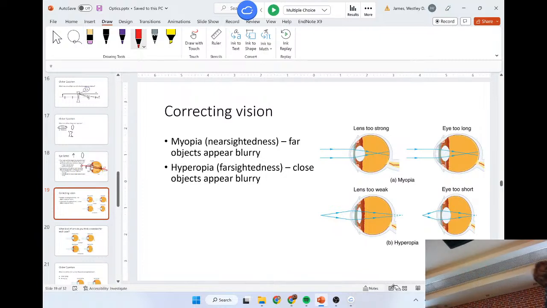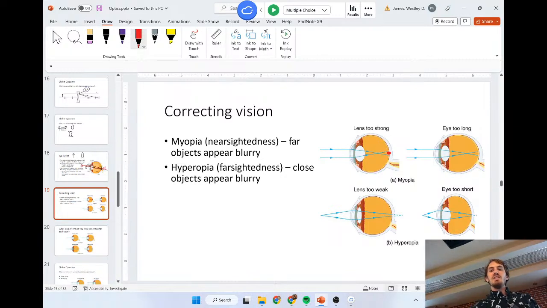If your lens is too strong, it's converging those rays too strongly before it should. They should be converging back here, but they're converging up here, and that's bad. Or if your eyeball is too long, literally too long, it thinks that the sensors are here, but in reality they're back here, and it's not adjusting correctly for whatever reason.